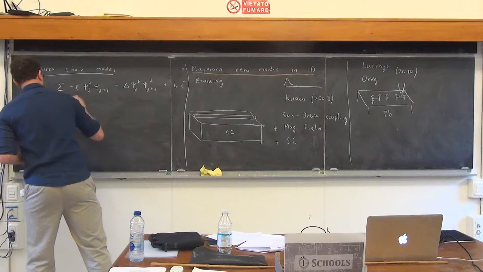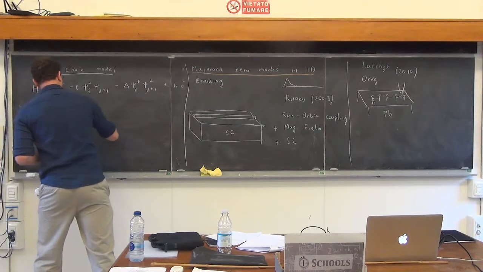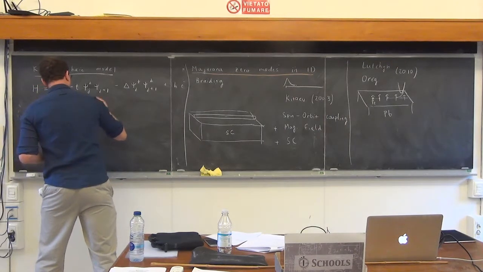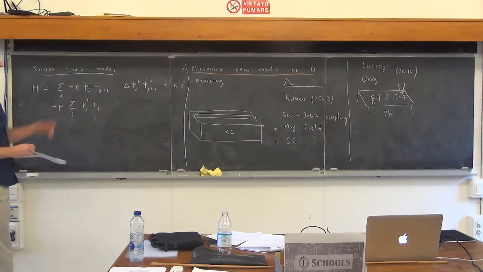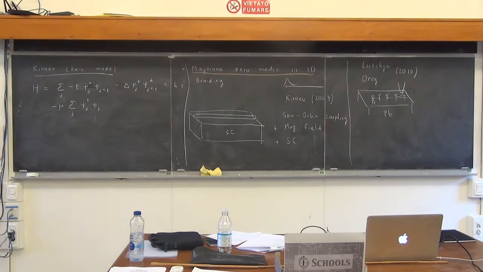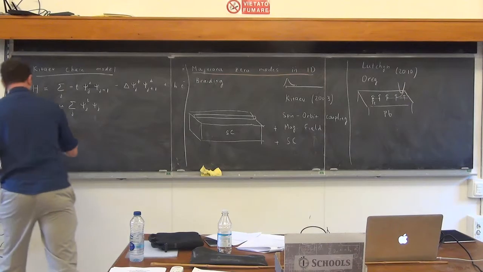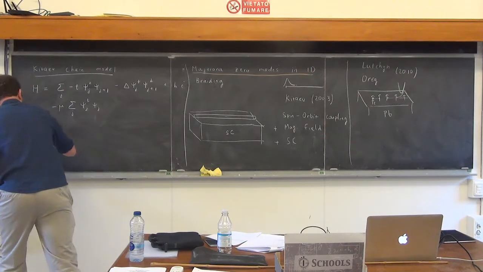Then minus mu sum over j of psi_j dagger psi_j. This is the chemical potential term. As before, if we have a system with periodic boundary conditions, we have translation symmetry, so we can solve it by going to Fourier space, and that's very easy to solve. Let me just write down the solution.